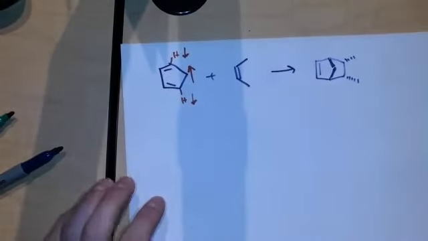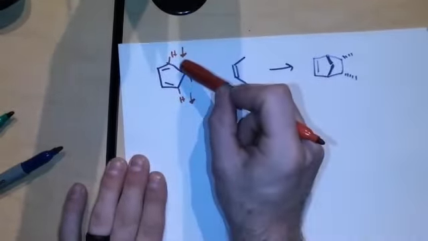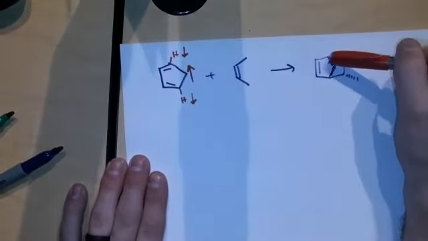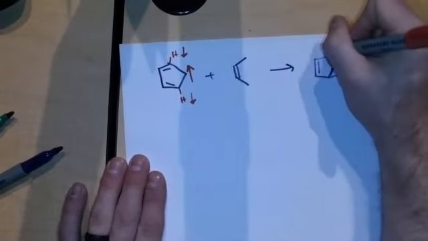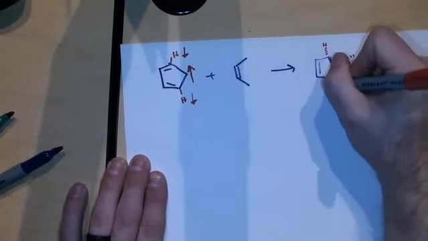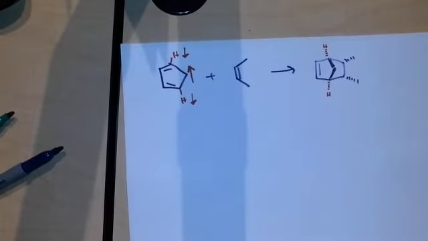You think of it as like a triangle. When you're pushing this up, it's causing these to go downward. So these are wedges. Your H's are on dashes here.